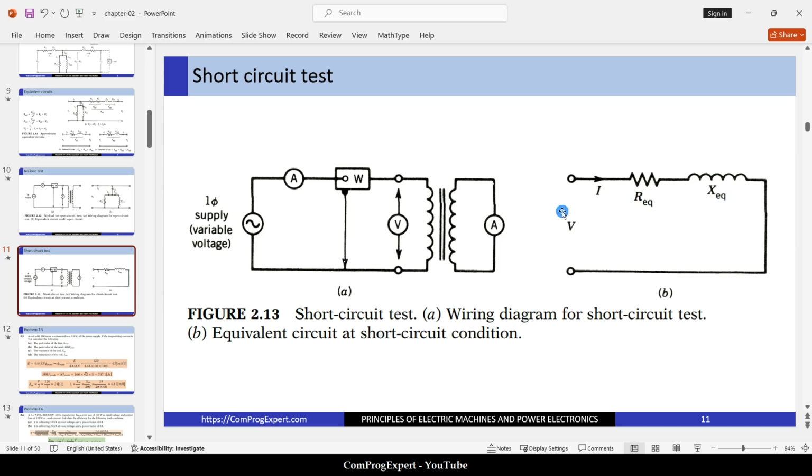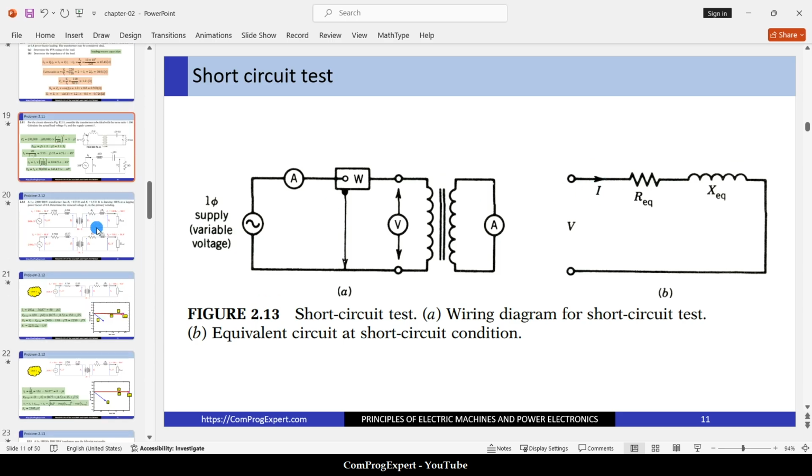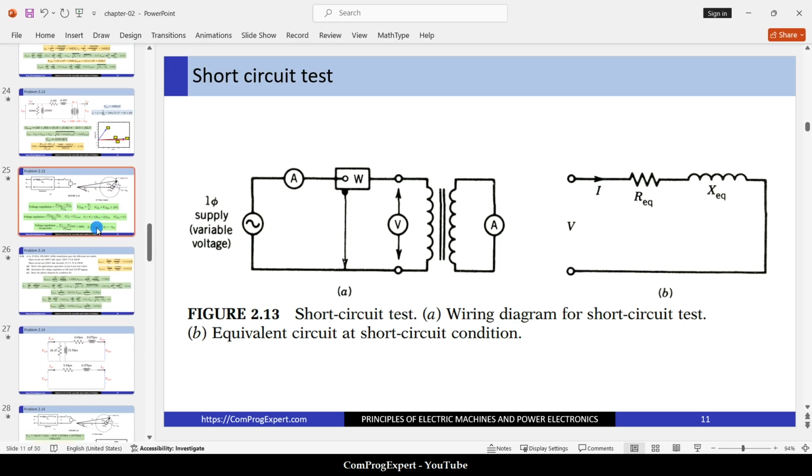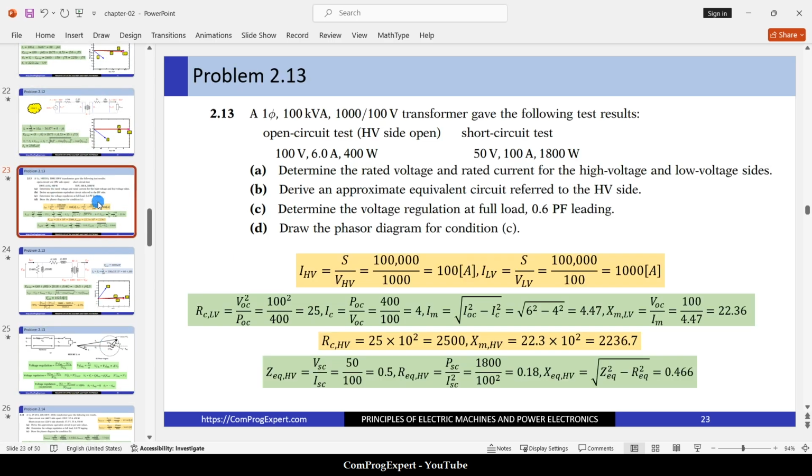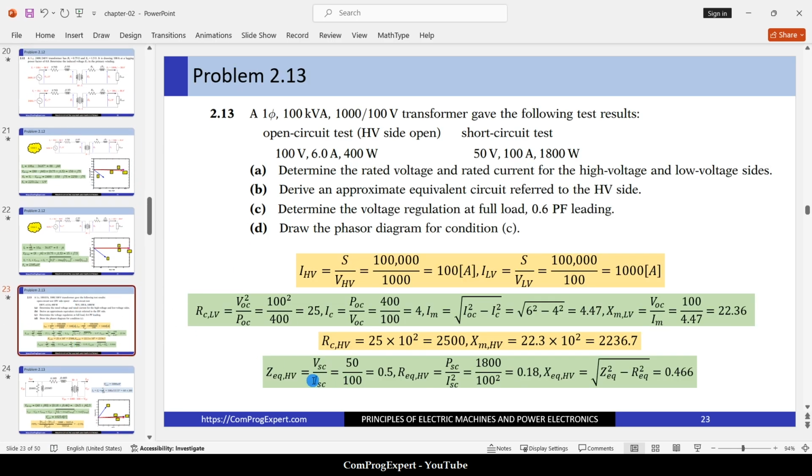So here we have the value of the voltage and the current. What is the value of the impedance? It is equal to V short circuit divided by the I short circuit, that is equal to 50 volt divided by 100 amps, equal to 0.5.